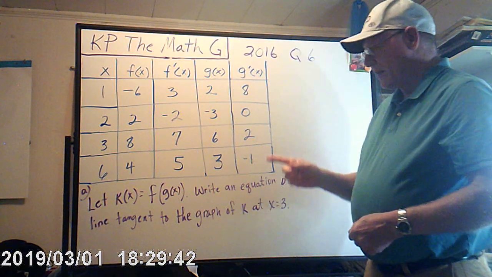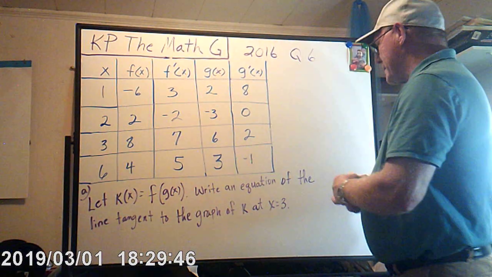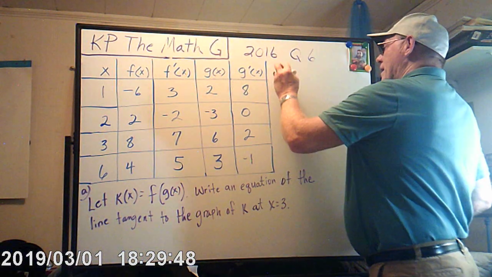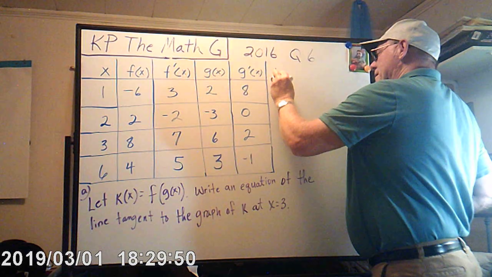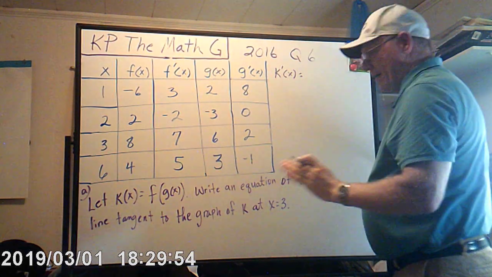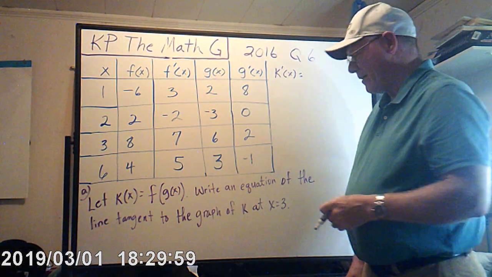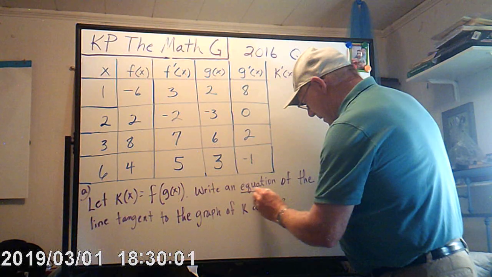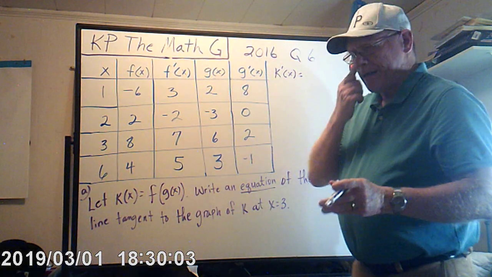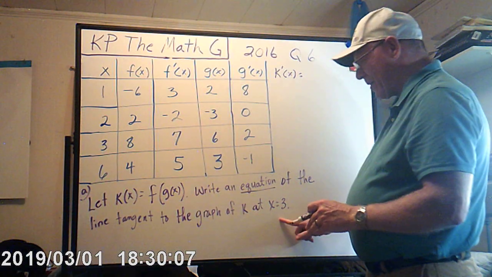Now, I want to find k prime at x. Alright, now, why do I want to find k prime at x? Because I'm writing an equation. I need to get the point. X is already 3.